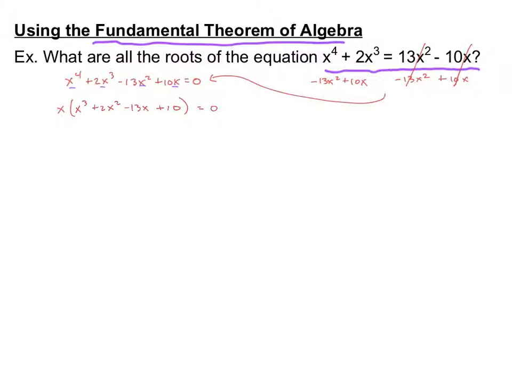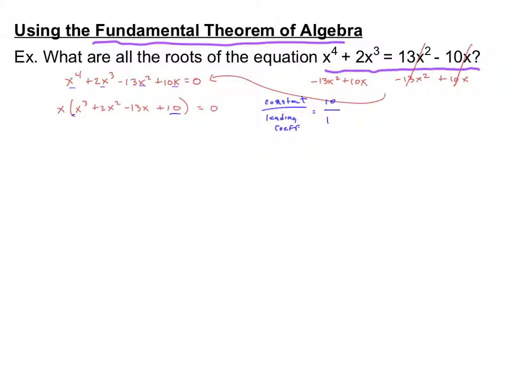In order to look for those remaining roots, I could go ahead and figure out all my possible rational roots. What we learned before is that I would take my possible rational roots from the factors of the constant over the factors of the leading coefficient. The constant is going to be 10, and the leading coefficient is going to be 1.